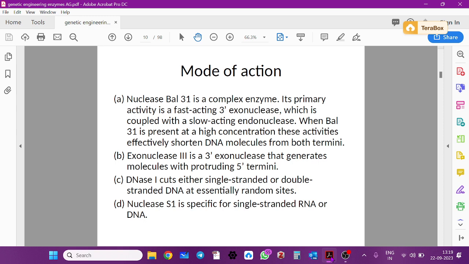All these former enzymes were cutting single stranded DNA in a 3 prime or 5 prime direction, but this is single or double stranded, randomly. Wherever it finds a phosphodiester bond, it cuts, and this is the best enzyme to remove DNA traces. If you are isolating RNA or protein, you need to remove DNA, so you put in DNase, that's it, gone.